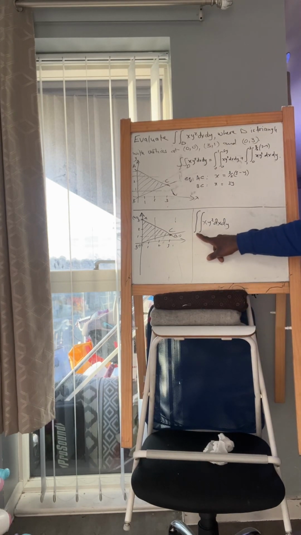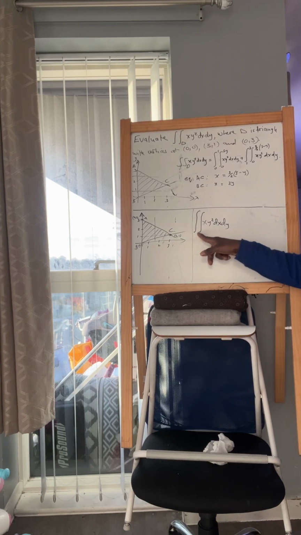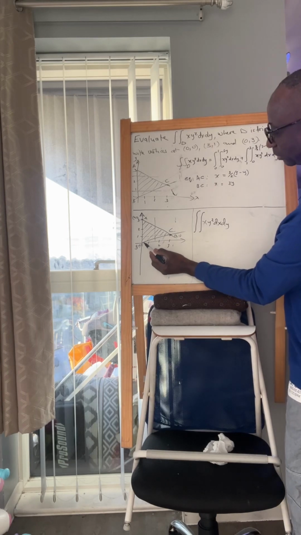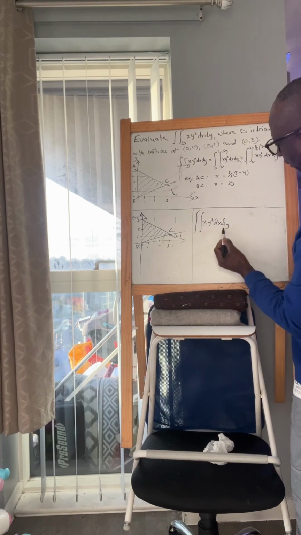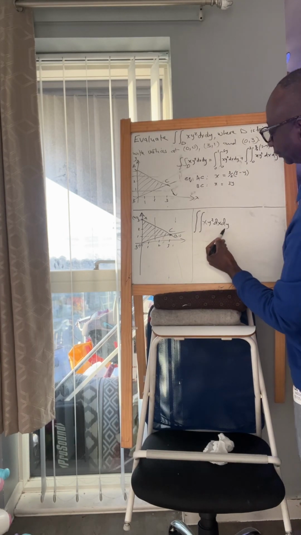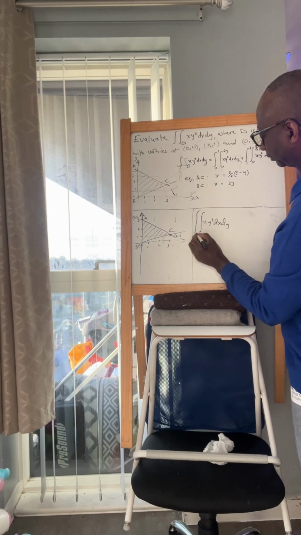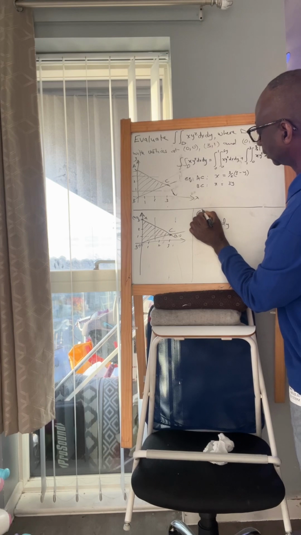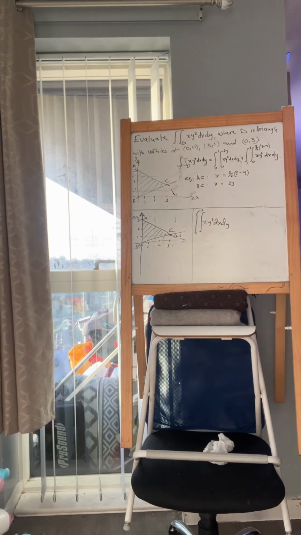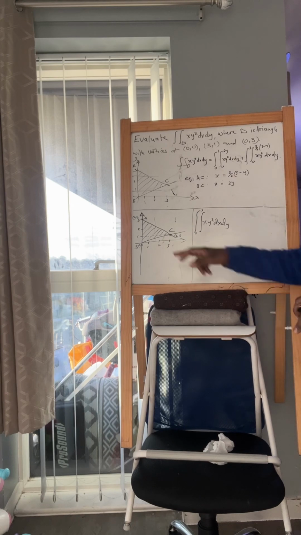The outer limits, as we mentioned earlier on, we want them to be numbers. So for dy here, it's going to be from 0 to 3. 0 to 3 this time.